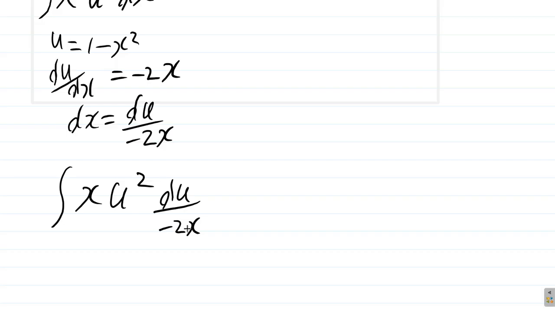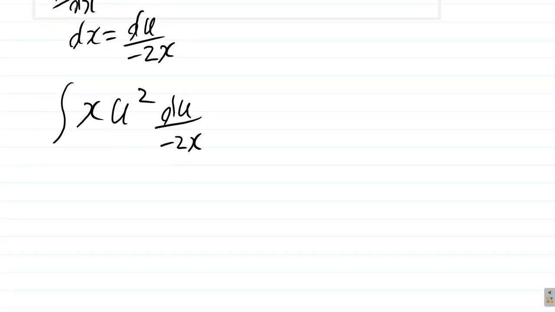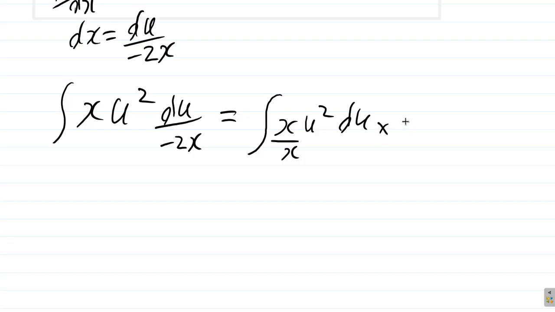Let's rewrite it like this. This is the same thing as the integral of x u squared du divided by x multiplied by negative a half.